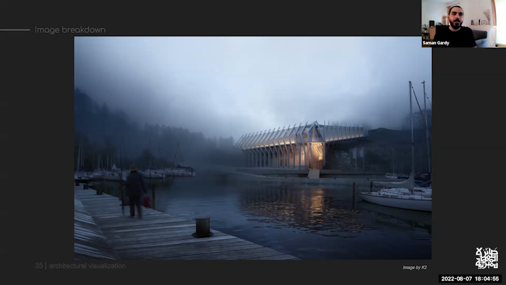So for an architecture studio, if they win, let's say, a project, it's gonna be a couple of millions, right? So for them, it doesn't matter if they give a couple of thousands or hundreds of thousands sometimes to a visualization studio to prepare the visualizations.